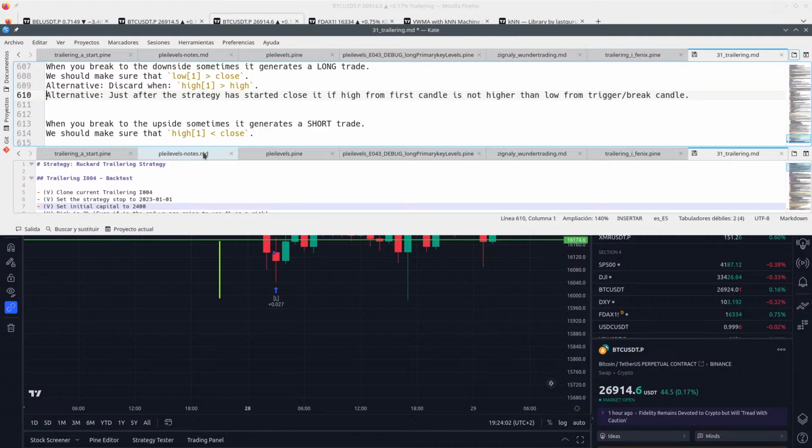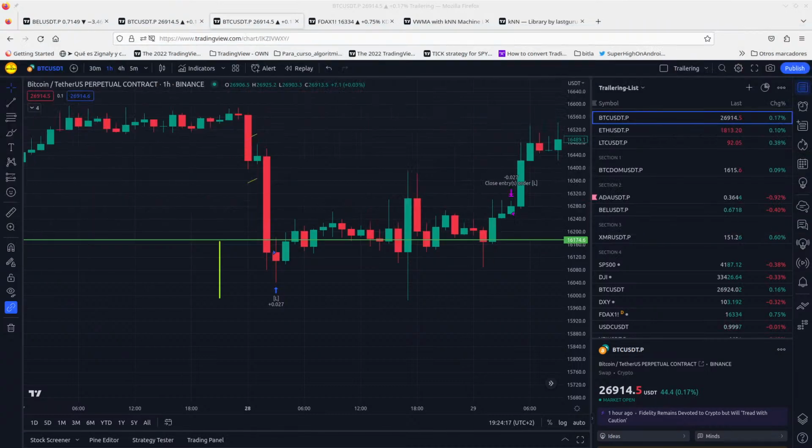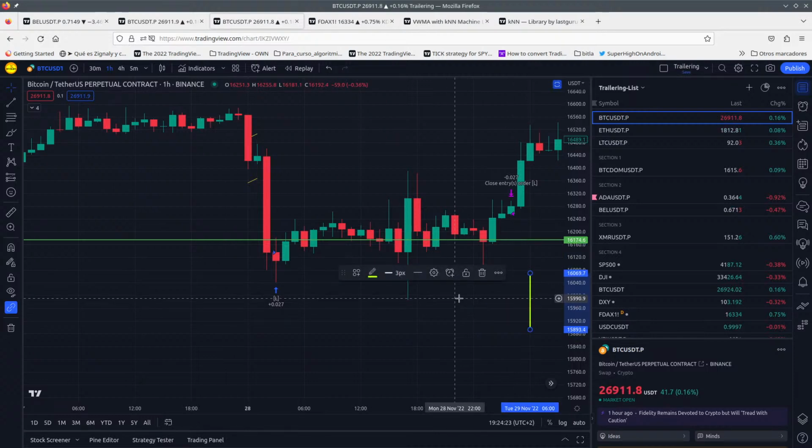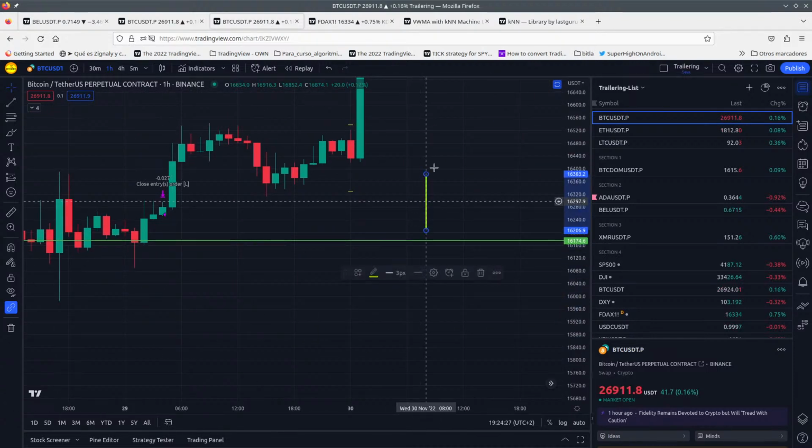Okay, so if I'm not mistaken, what we want to do with a short is just, let's try to find a short one, which I think we had somewhere near here.